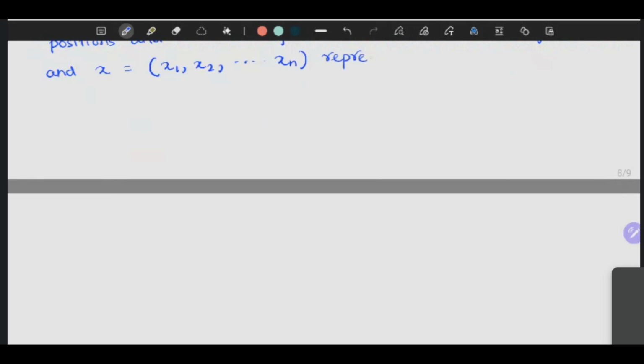They represent external parameters, which can affect the molecules but can be controlled externally, right? So which appear in the Hamiltonian.